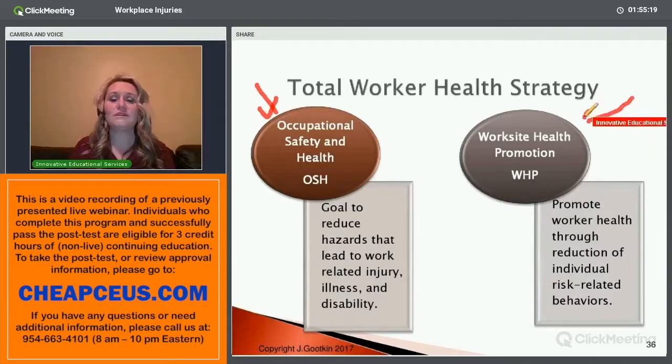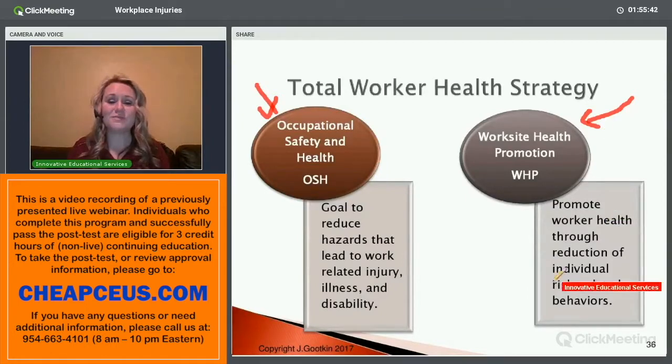And then they're looking at worksite health promotion. So OSHA has acknowledged that there were these other factors beyond the physical pieces of equipment and the body mechanics of the individual that lead to injury and disease. So they're looking at how employers help individuals modify their modifiable risk factors and their other behaviors.